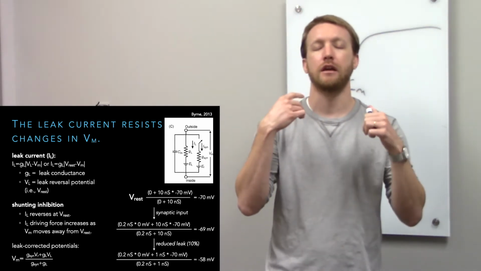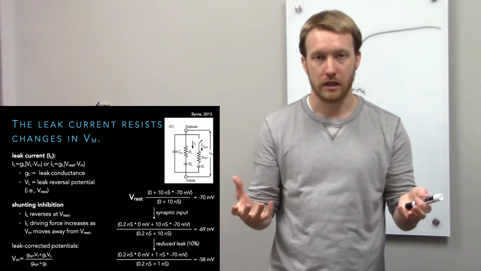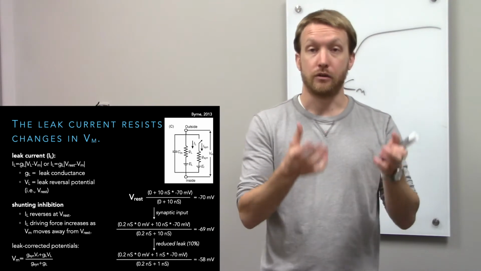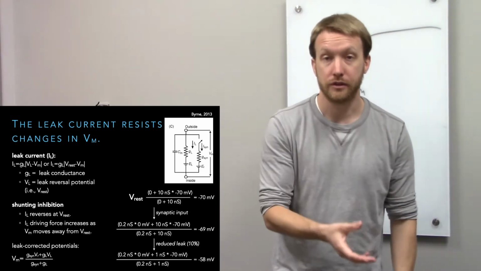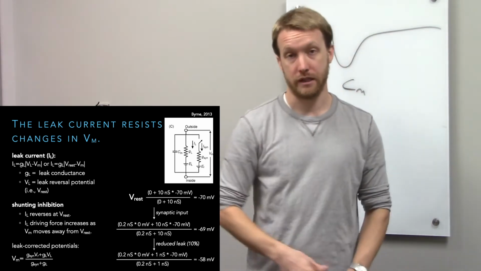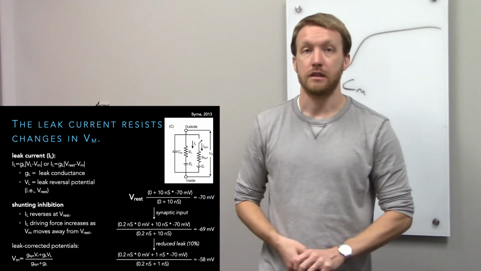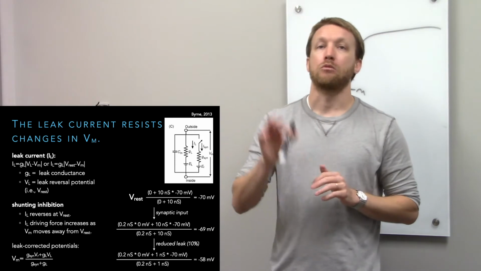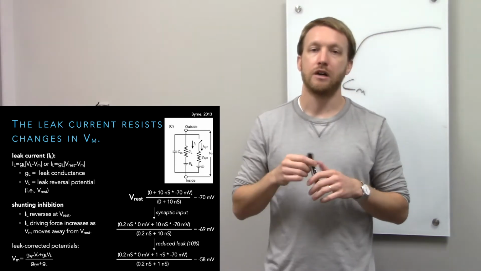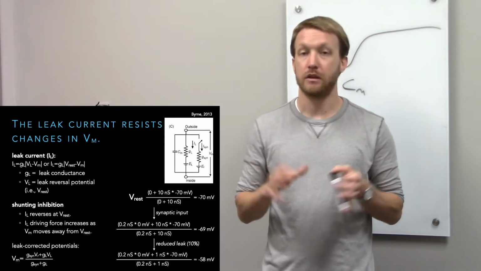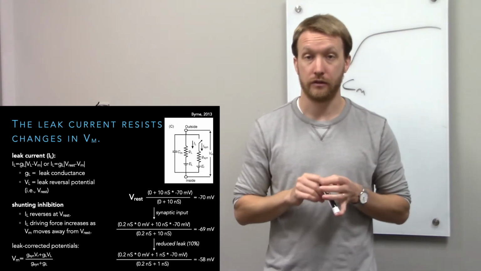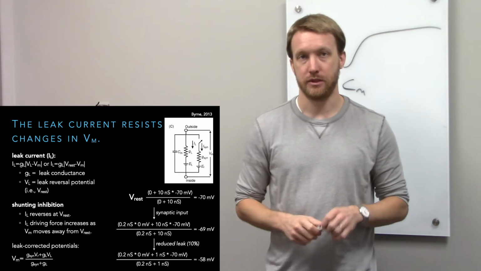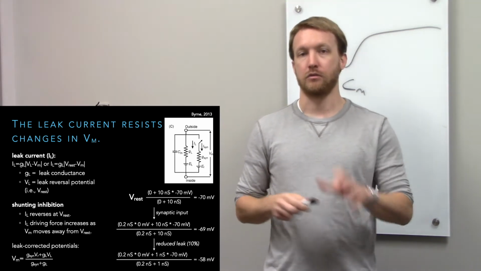You should just understand from a very logical standpoint that leak current is going to hold you near rest. The more leak current you have, the harder it is to move away from rest. So let's look at this. So at rest, we have no synaptic input. We're going to say we're resting at -70, and what I've done is give kind of a generous, but nowhere near out of physiological ranges here, 10 nanosiemens of leak current. So we're at -70.